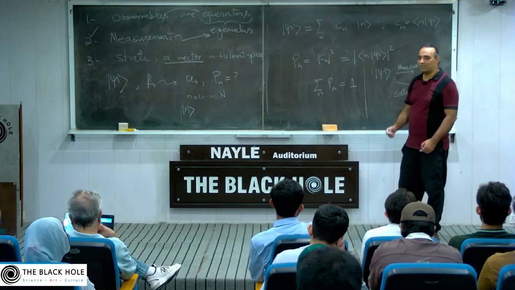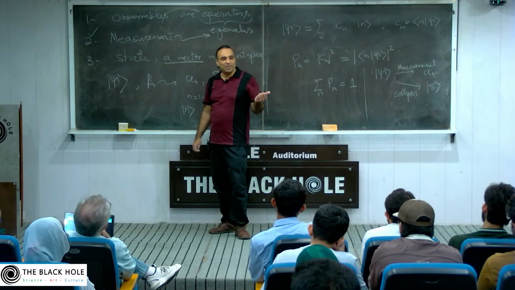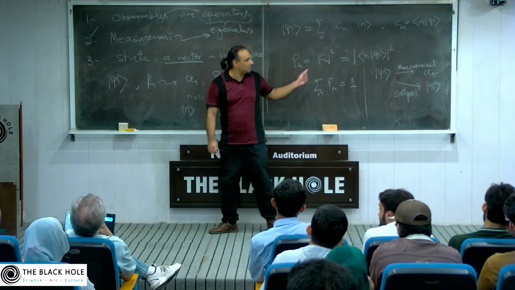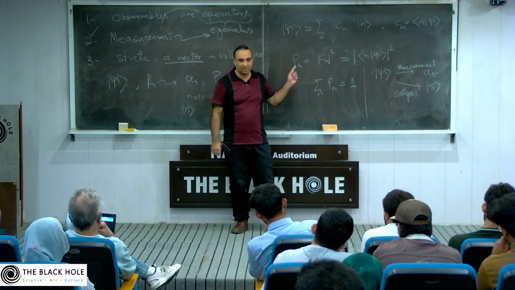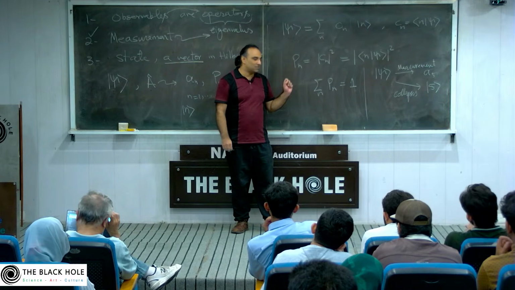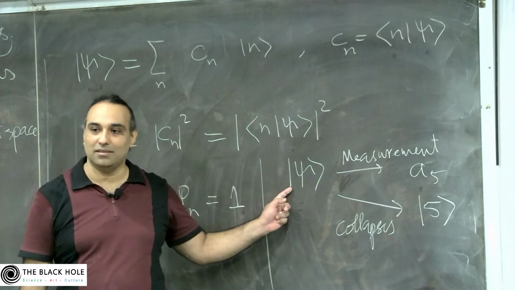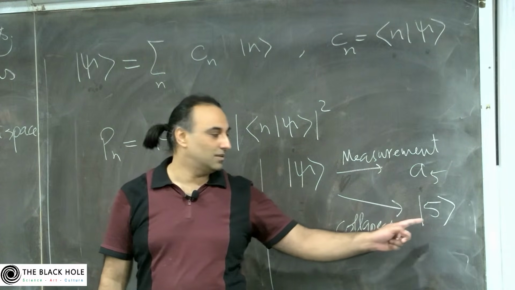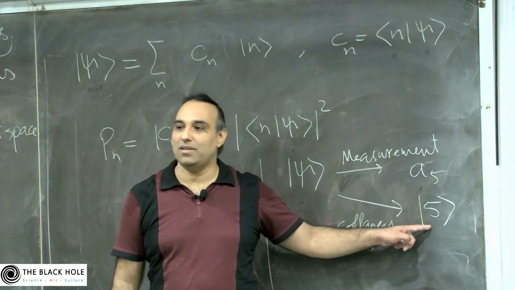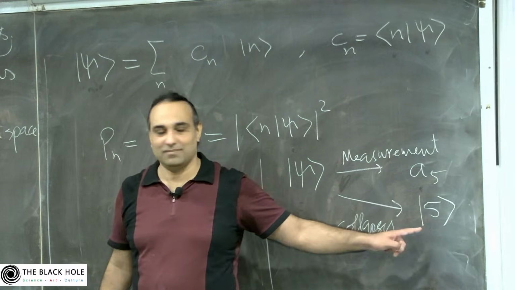So collectively, when you perform a measurement, you are going to get some eigenvalue with some probability. That probability is given by this amplitude psi n, and just after the measurement, the state collapses to the corresponding eigenstate. So if you get A5, the state will be changed to the 5th eigenstate.